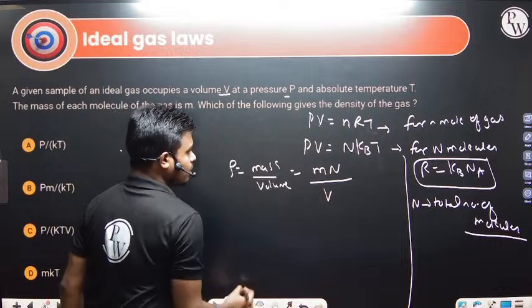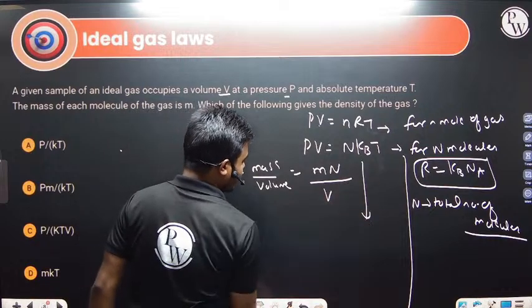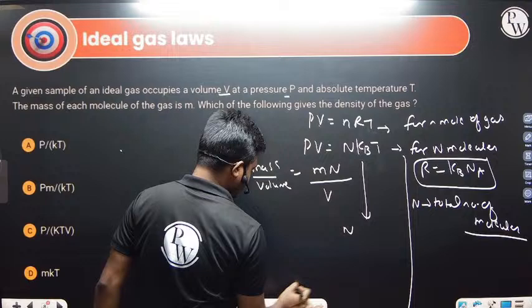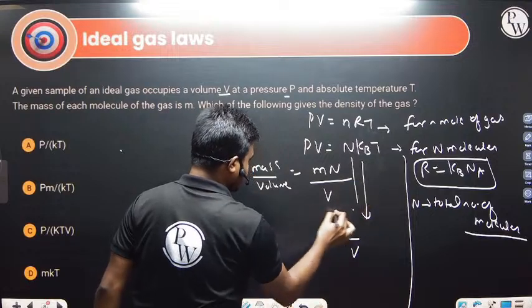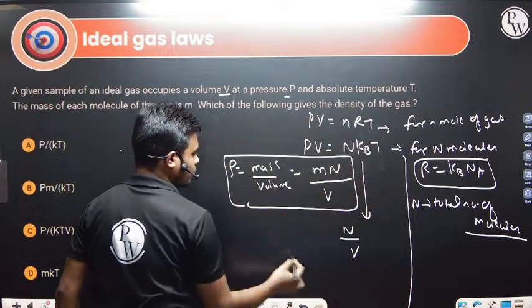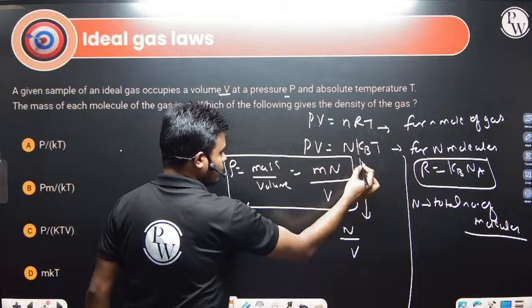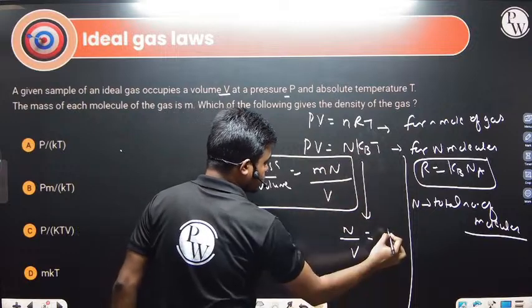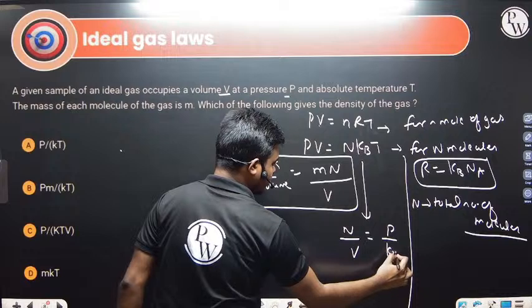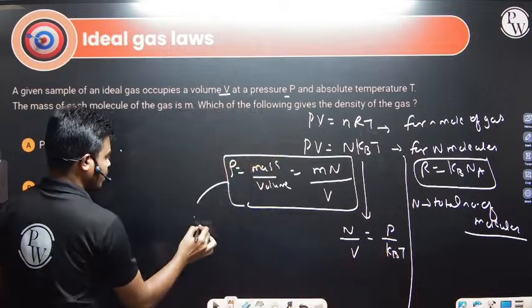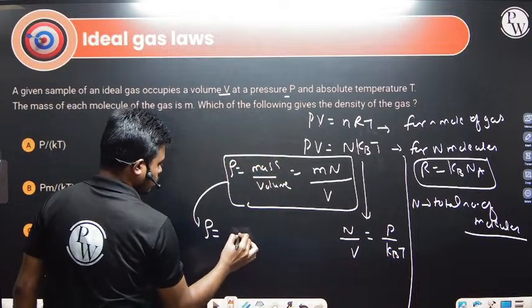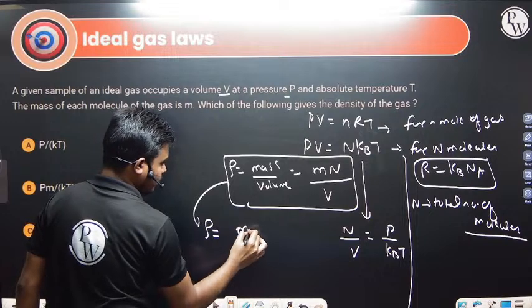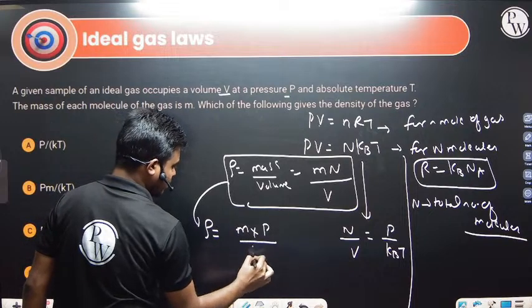Solving this, from here we can write the value of N by V, then substitute it here. N by V is P by kBT. So density rho is m multiplied by N by V, that is m multiplied by P by kBT.